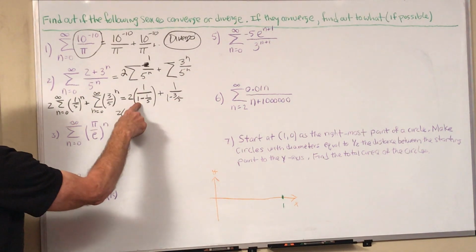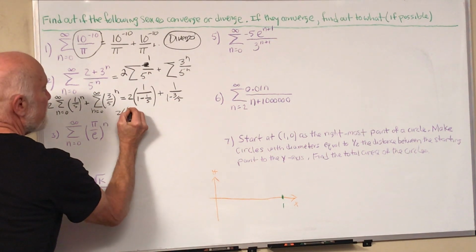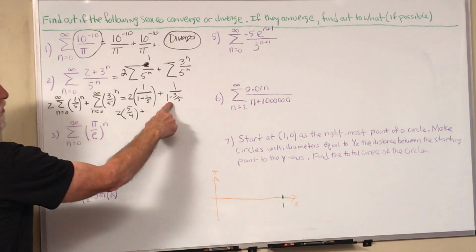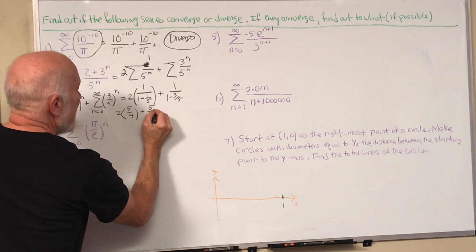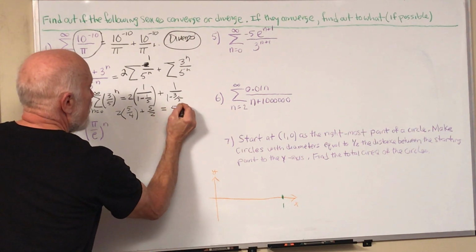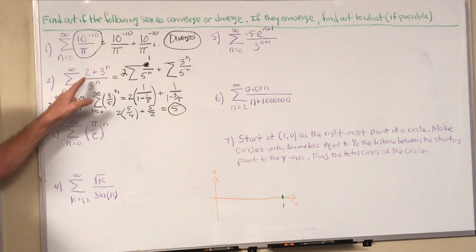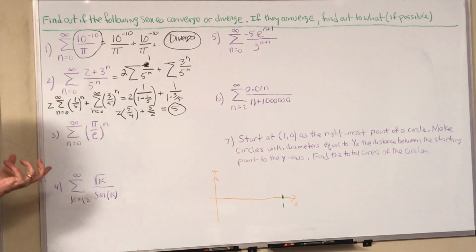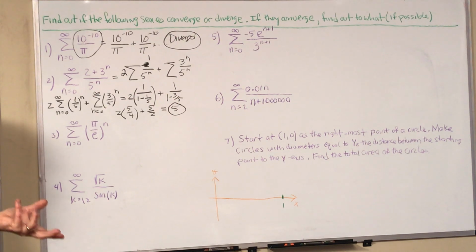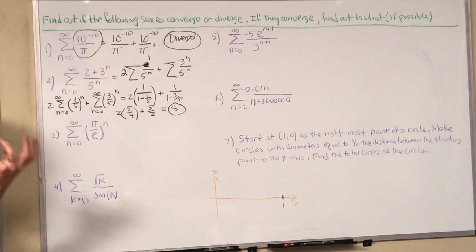So 1, this is 4/5, so you're going to get 5/4. And this is 1 over 2/5, so you get 5/2. So you get 5/2 plus 5/2, or 5. So this series up here, not only do we know that it converges, but it converges to 5. Geometric series are kind of special in that we can, with a formula, figure out what they converge to.